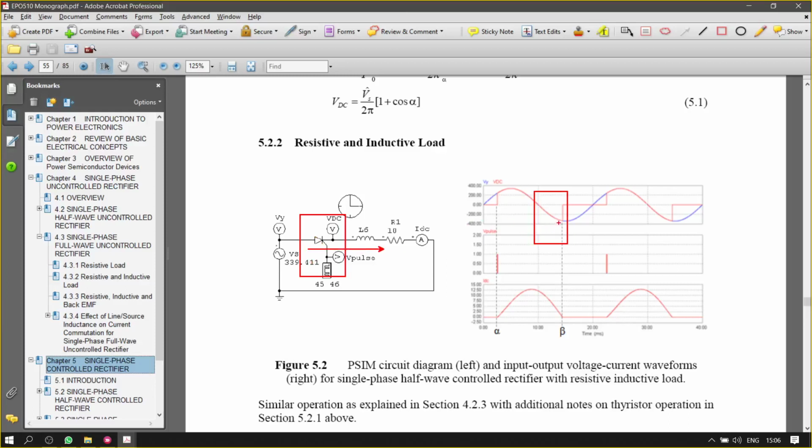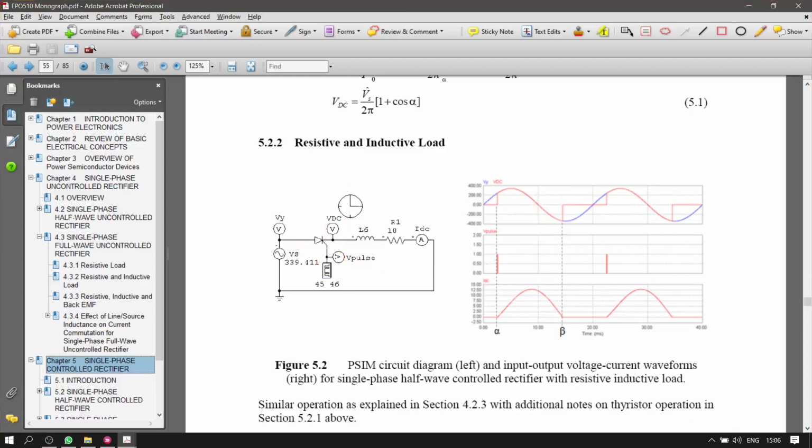There is an extension angle, isn't it? It forces the current to flow even though you now have a negative half supply voltage, and the current is still flowing clockwise.